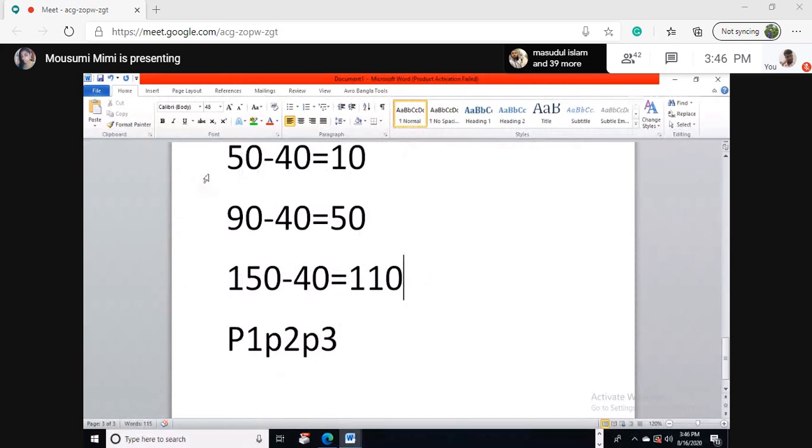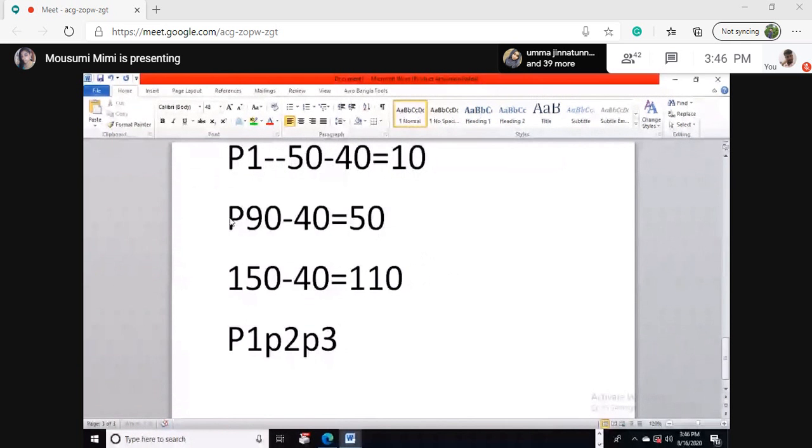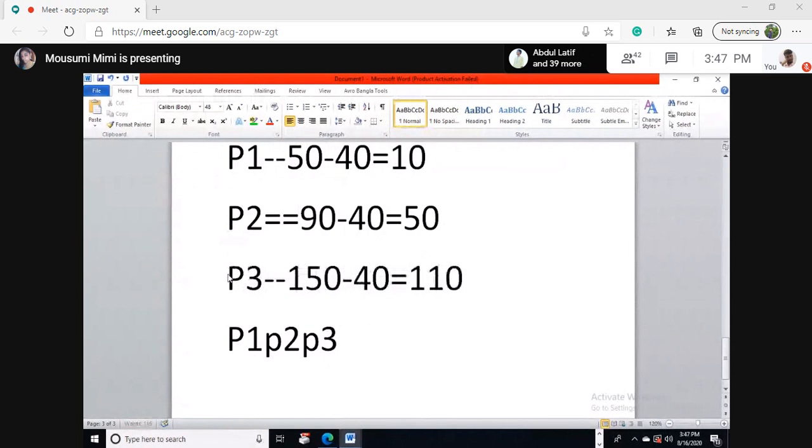Now again I go back to process 1. This is for process 1, this is for process 2, this is for process 3. Now again I go back to process 1. Remaining time is 10 and time quantum is 40, but within 10 the work is done.